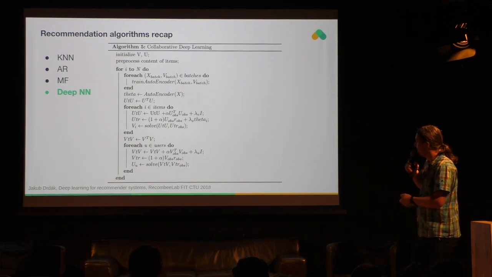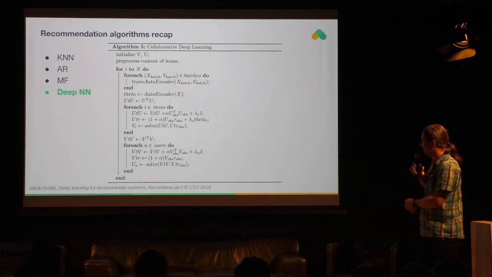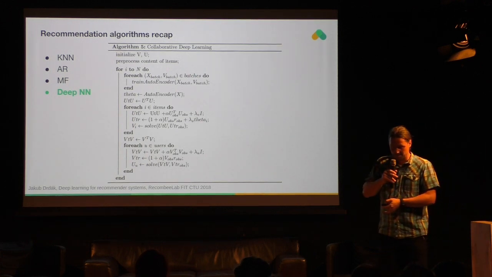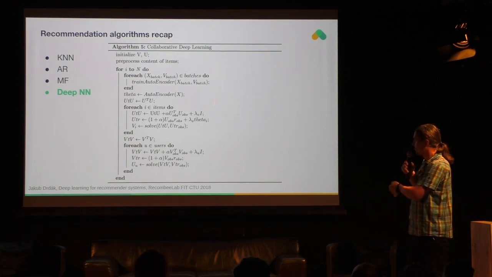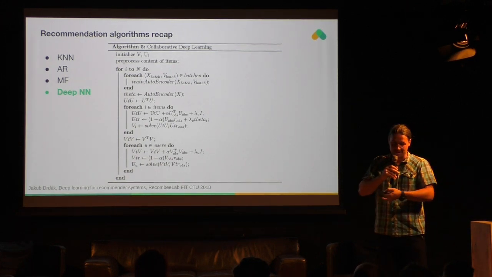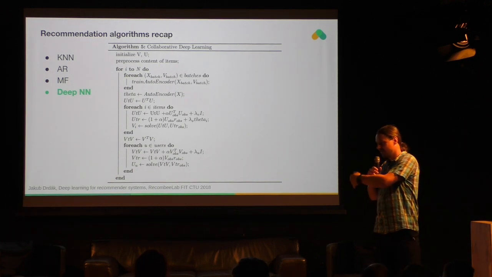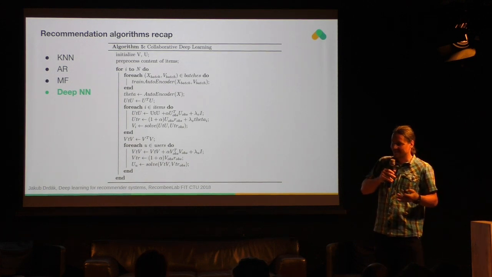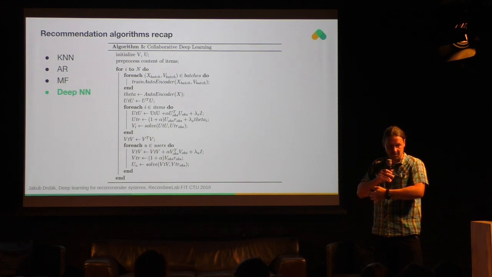And then one example of a deep neural network. In this case, you train an autoencoder to encode attributes. Then you perform matrix factorization on interactions, and you train it together. This is quite nice because you can put together collaborative filtering and content-based methods into one hybrid algorithm.